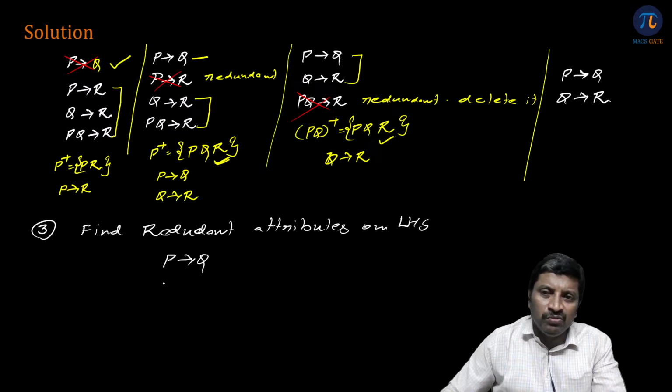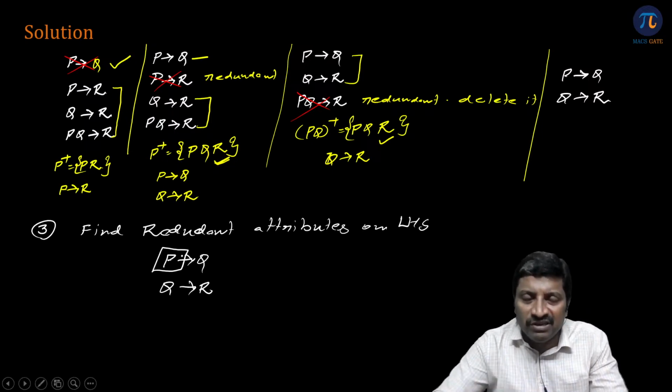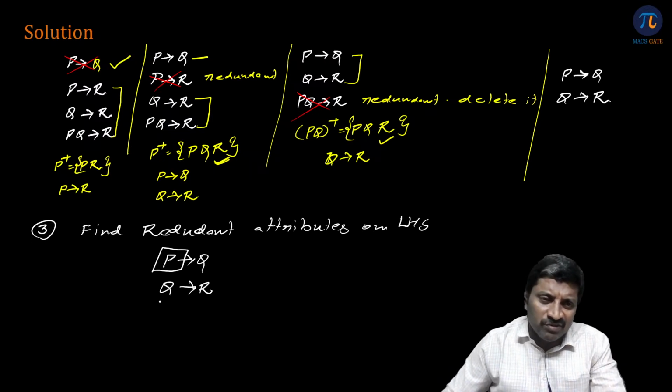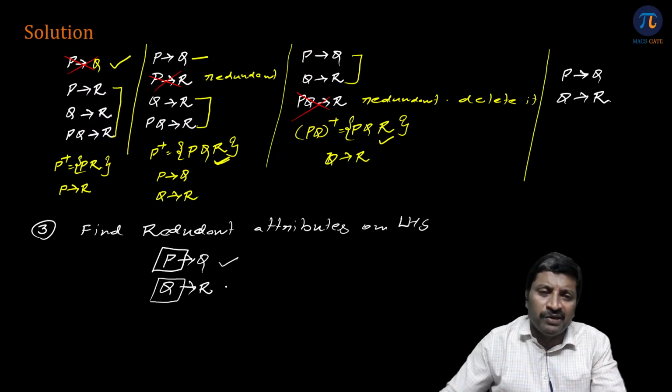P goes to Q, Q goes to R. Sir, please observe, for the first one on LHS I have only 1 attribute. Whenever you have only 1 attribute, it is mandatory. Without it, we cannot do anything. Similarly, the second one also has only 1. So both are mandatory.